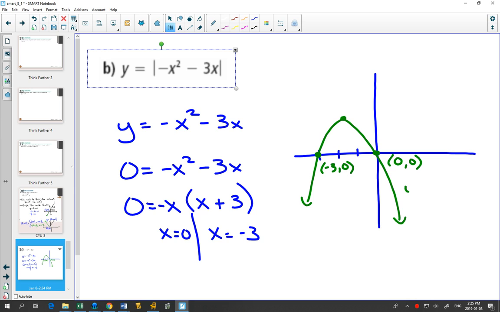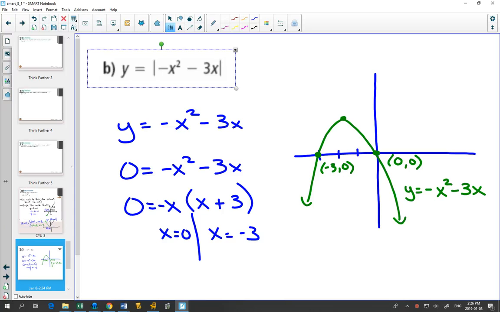This is the graph of negative x squared minus 3x, not clearly labeled because I don't have my vertex labeled. But it's not asking us in this question to label the vertex.